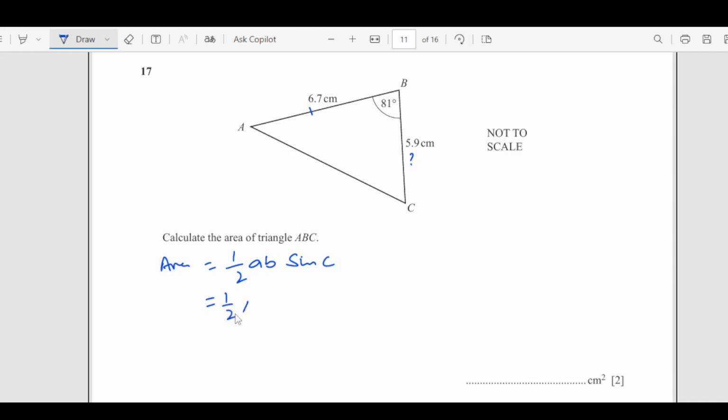So 1/2 times a is 6.7 times 5.9 and sine of C is 81 degrees, right? When you calculate this, it comes out to be 19.521, so approximately 19.5 to 3 significant figures, 19.5.